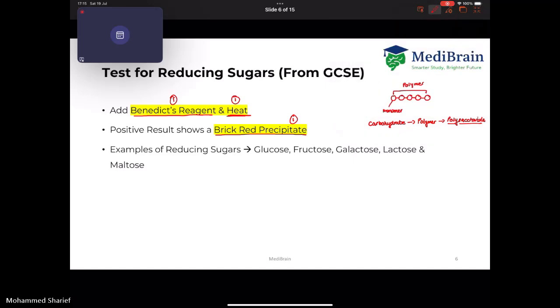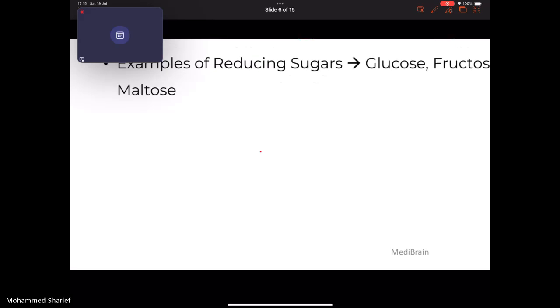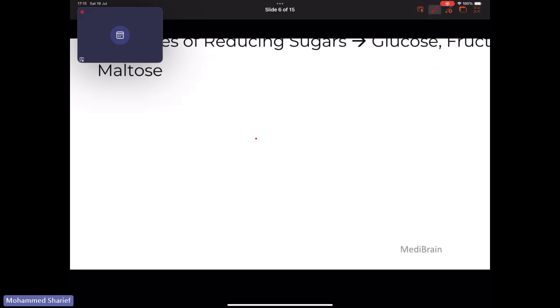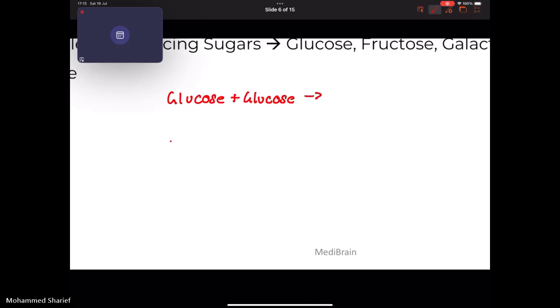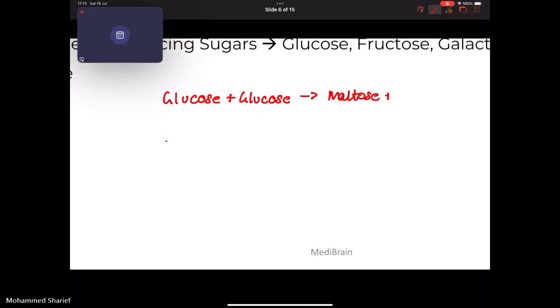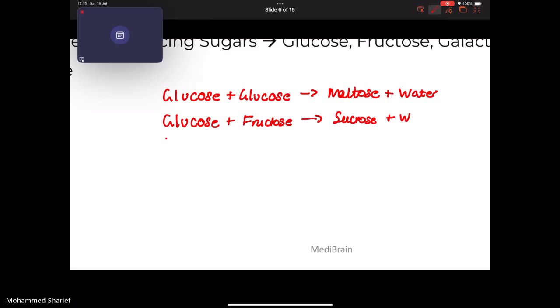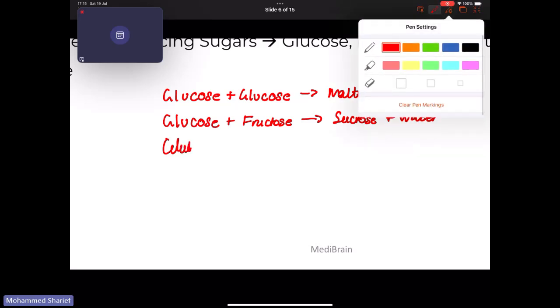When we looked at examples of reducing sugars, we looked at some chemical reactions: glucose plus glucose produces maltose plus water, and then glucose plus fructose produces sucrose plus water. That's really bad writing, sorry.